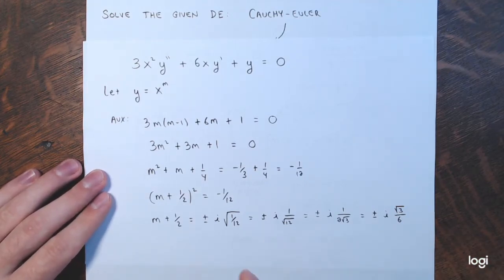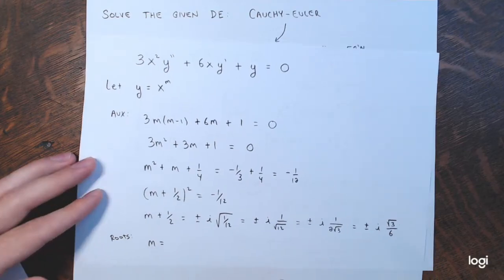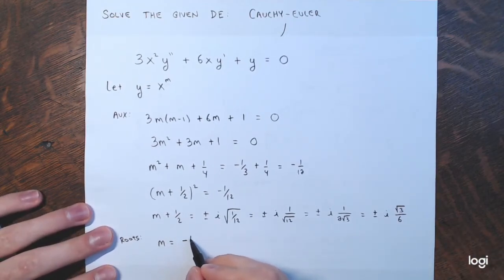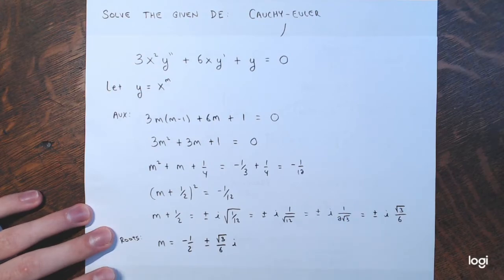All right, so my roots, solving for m here, let's say m equals, and just write them as a conjugate pair with the plus or minus. We have -1/2 plus or minus the square root of 3 divided by 6 times i. So I have the scenario now where my roots are complex conjugate pairs.